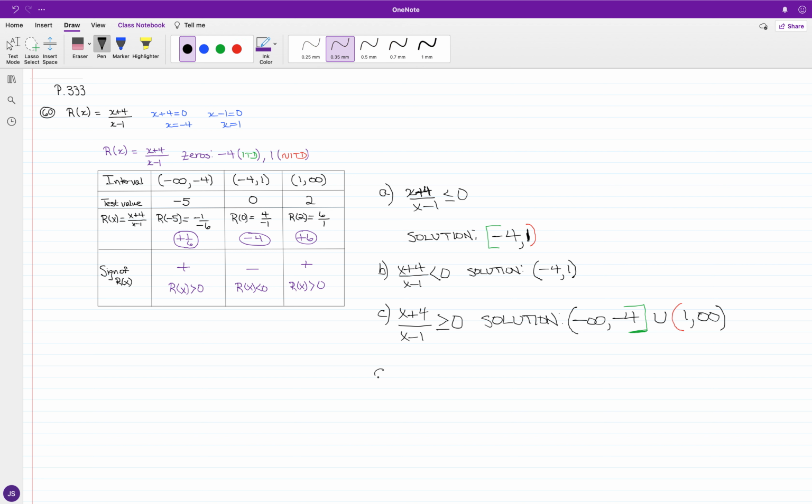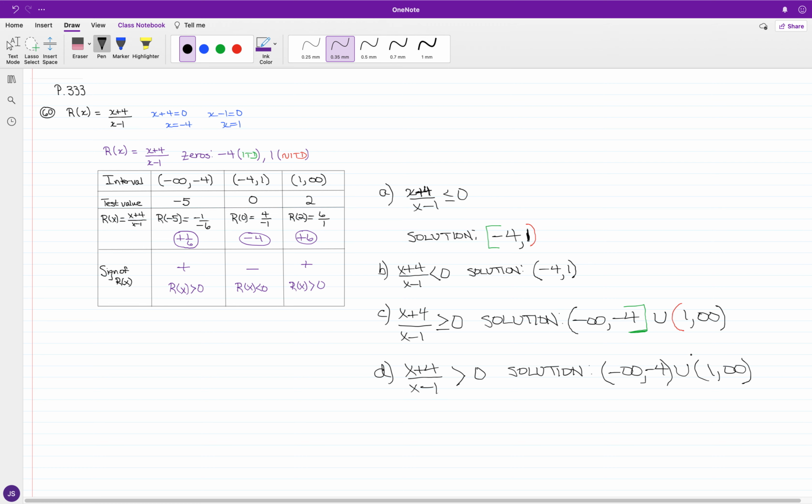Now, for what we have in D, this is just regurgitating the limit values where we're going to have parentheses throughout. So for x plus 4 over x minus 1 is greater than 0, again for the solution, you have parentheses around negative infinity and negative 4, as well as parentheses around 1 and infinity.